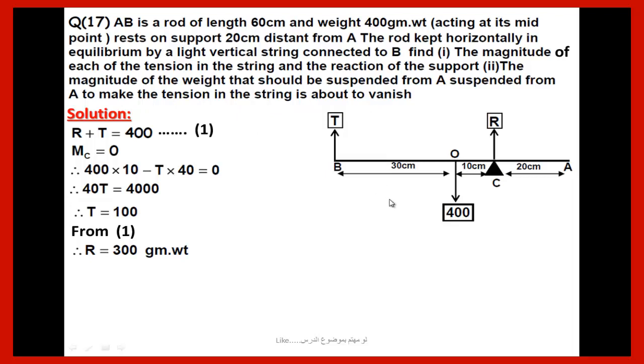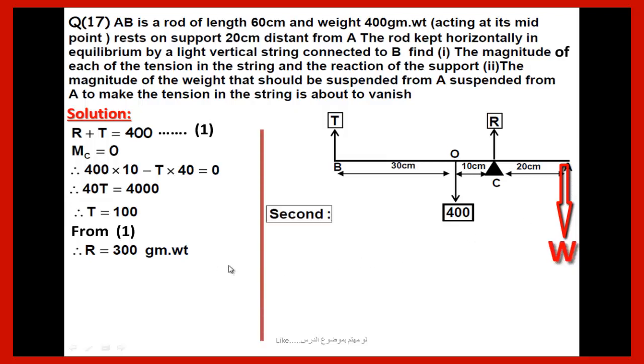Again, the required number 2: what is the value of the weight that must be suspended from A to make the tension at B equal 0? So we consider this weight equals W.